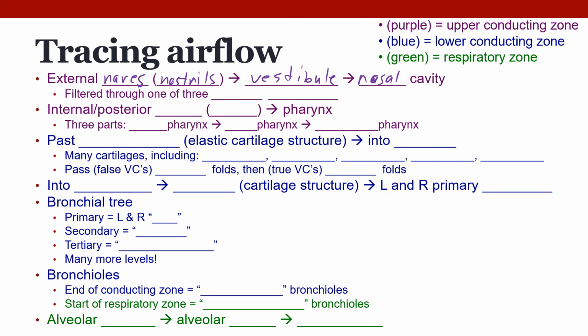It is filtered through one of three nasal conchae, and then flows into the interior or posterior nares, which are called the choana. From there, it passes into the pharynx.